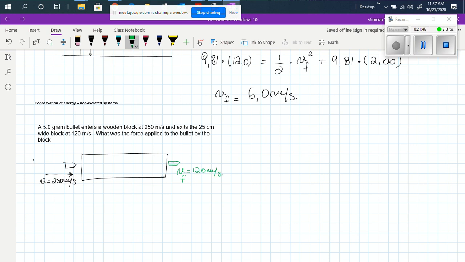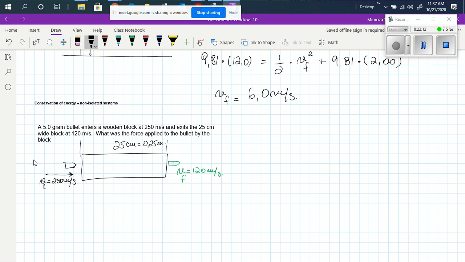So while the object is traveling into the block that is 25 centimeters or 0.25 meters, the object is losing some energy. And how is it losing it? It is losing it because of friction between the bullet and the block, okay?